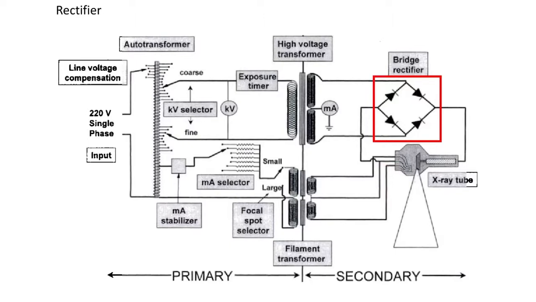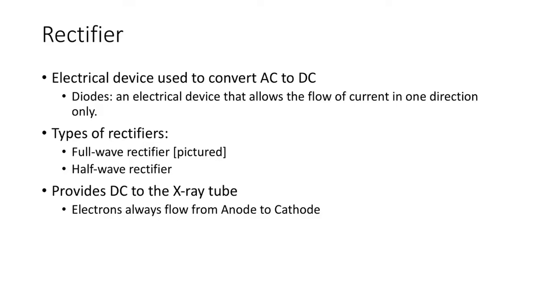But the current supplied to us by our power supplying company is alternating, which means it goes back and forth. So how then can we use current that goes back and forth to produce electrons that go in one direction? This is accomplished by a device known as a rectifier. A rectifier is an electrical device that's used to convert alternating current, that is current that oscillates back and forth, to DC.